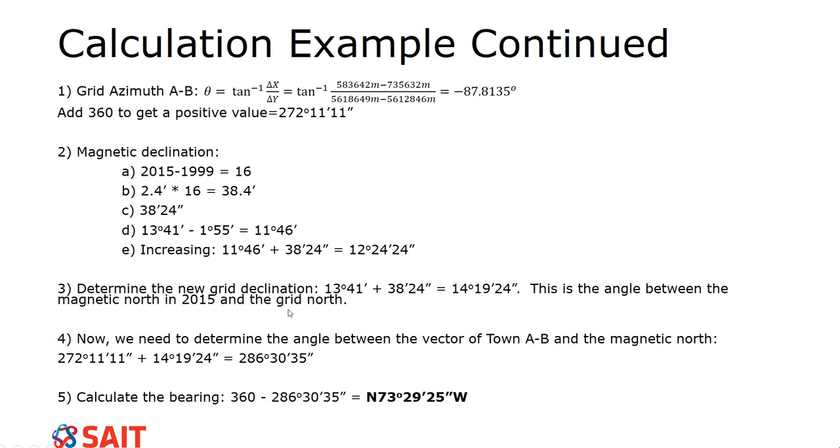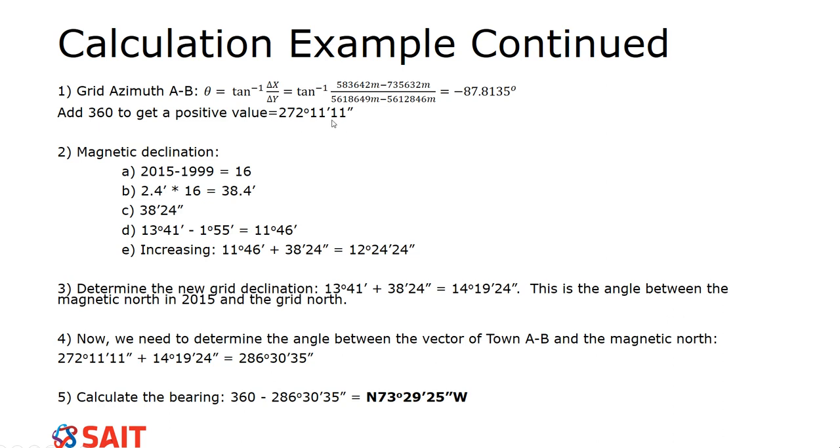We know all the angles, so now we can work out what north we need to get to. It says now we need to determine the angle between the vector of town A to B and the magnetic north. So here we have 272 degrees 11 minutes 11 seconds that we determined.